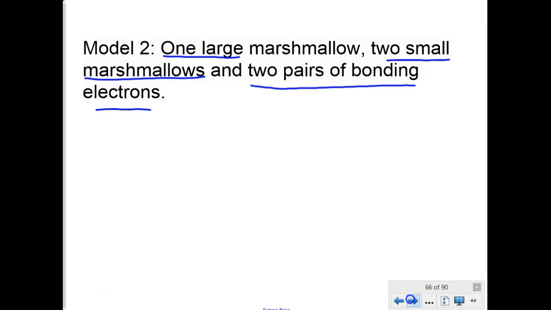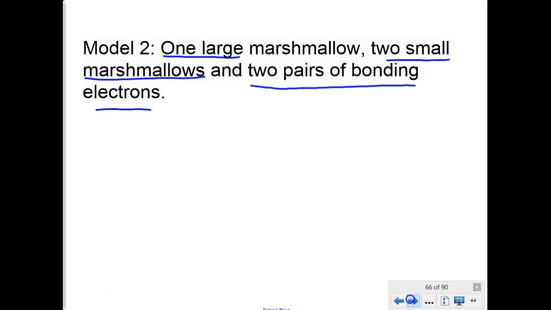Sketch the molecule. What is the angle between this toothpick and this toothpick? 180 degrees. What do you think the name for this shape is going to be?